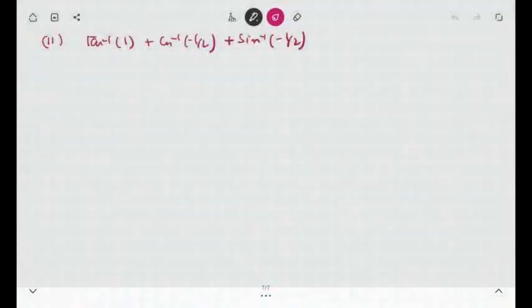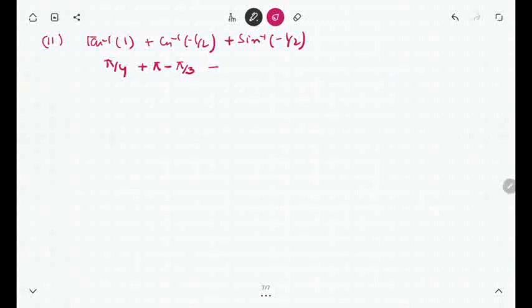Now let me write down the values. This will be pi by 4 directly. This will be pi minus pi by 3. And this will be minus pi by 6, right? So now you can solve this. This is pi by 4, this part is 2 pi by 3, and this is pi by 6.